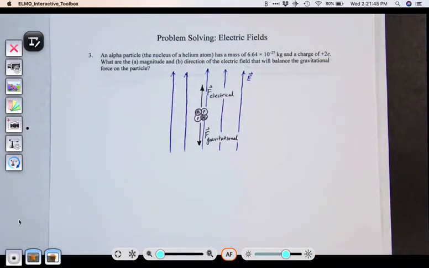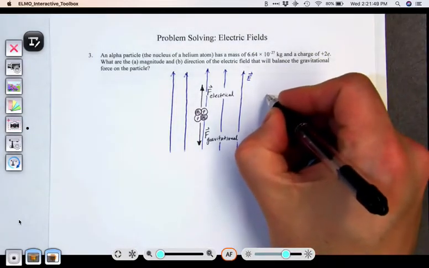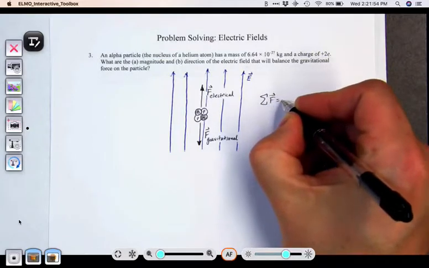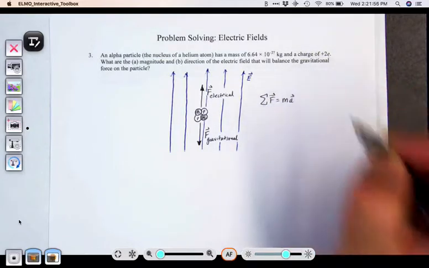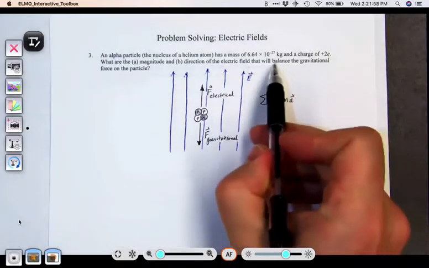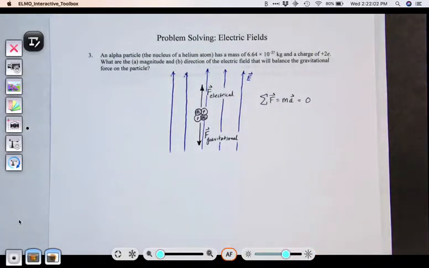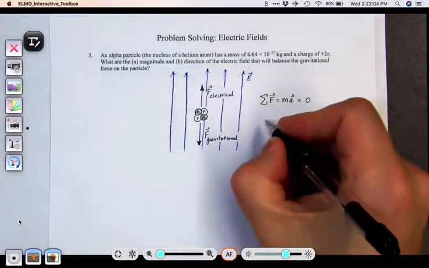All right, so let's go back and use some Physics 1 here. We know from Physics 1 that the sum of all the forces on an object is equal to the mass of the object times the acceleration of the object, but we want to balance, which is code for we want these to produce no acceleration. What does that mean?